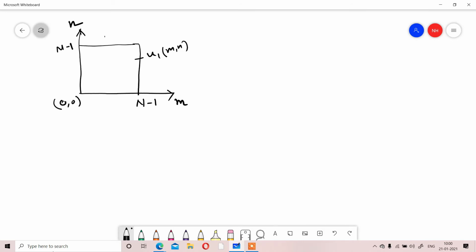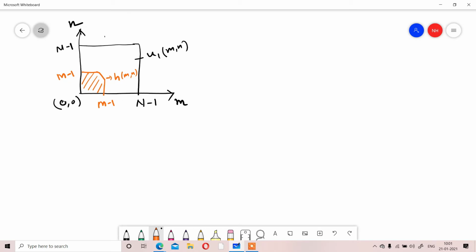That is your first image, and your second image is called h(m,n). Sorry, the size of h(m,n) is M cross M, so it goes from 0 to M minus 1.